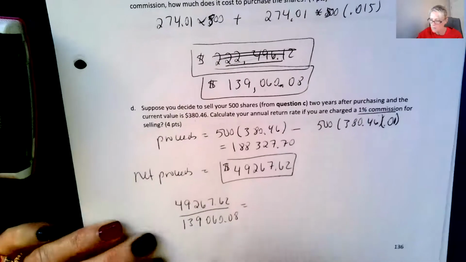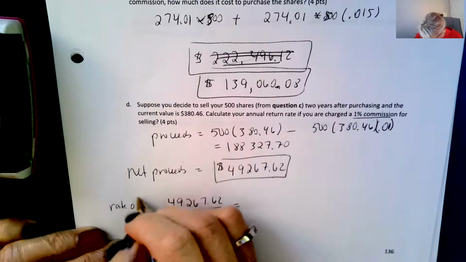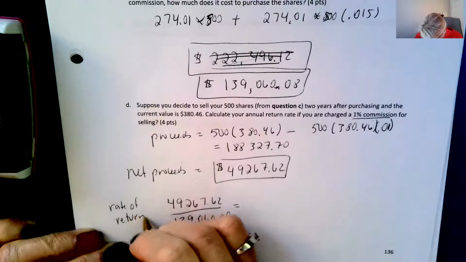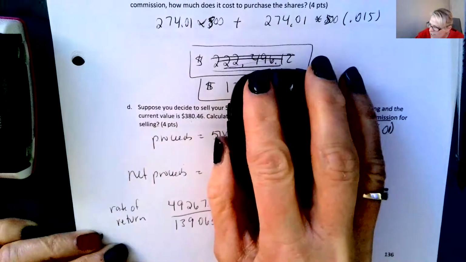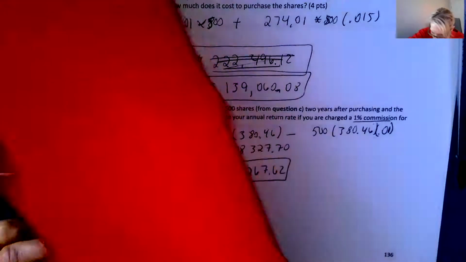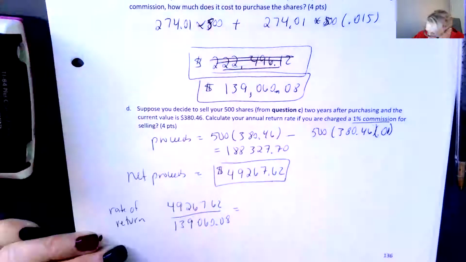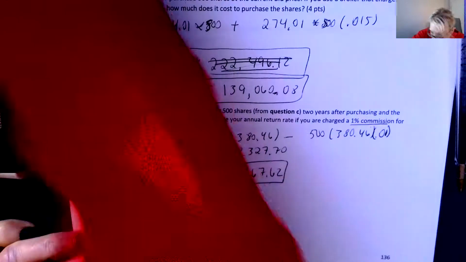So this is going to be our rate of return. So we're going to divide that out in Desmos. So we've got 49,267.62 divided by 139,060.08.